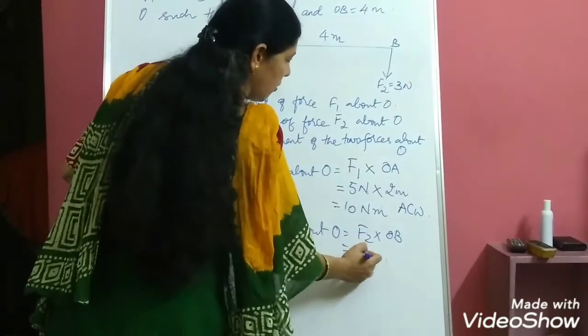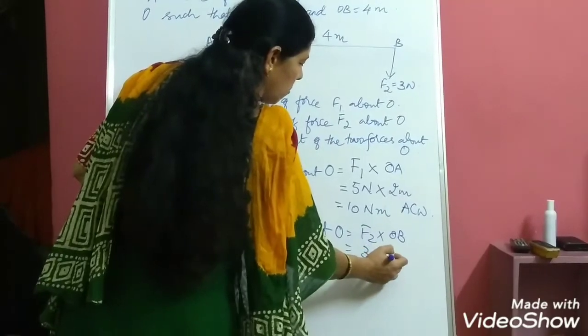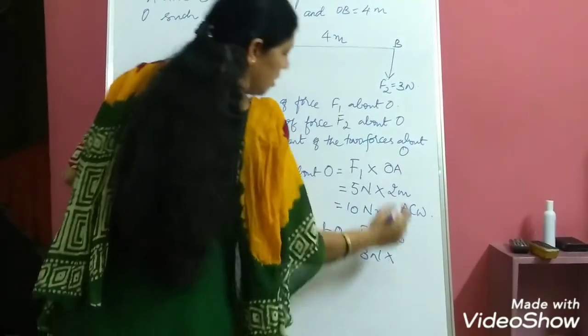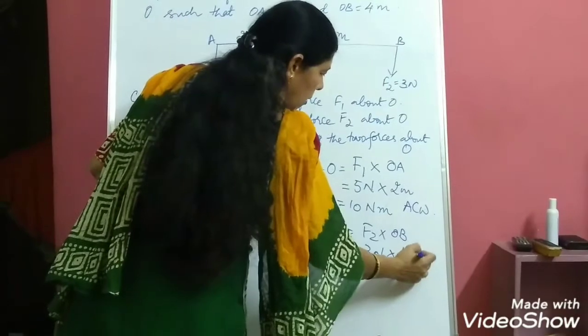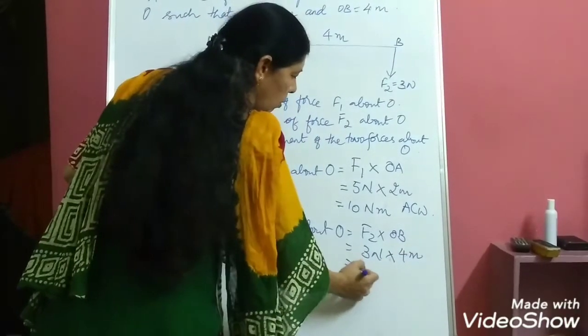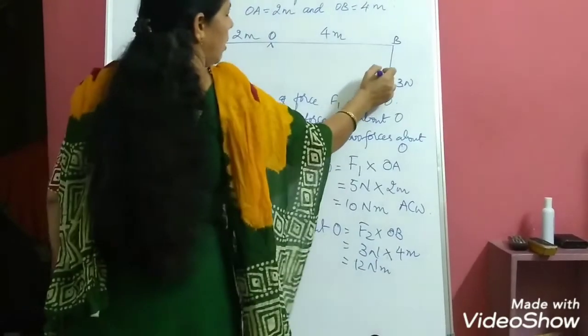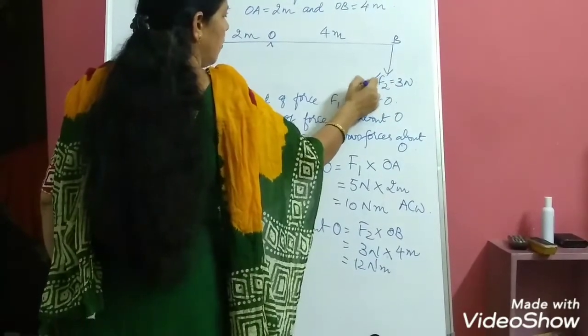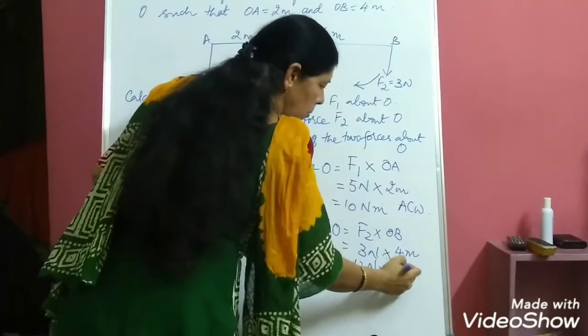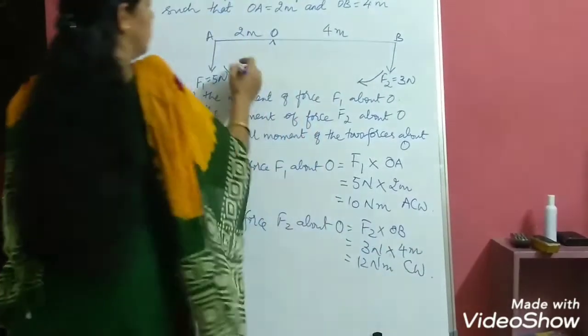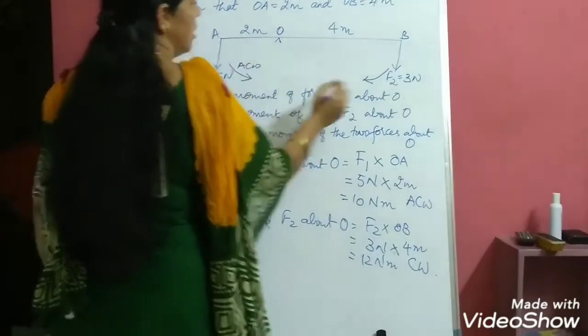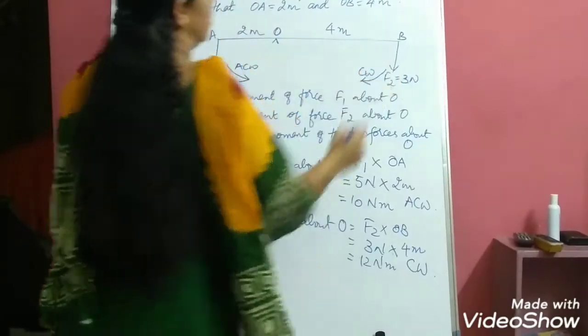F2 is 3 Newton multiplied by distance 4 meter. This will be equal to 12 Newton meter. Now due to F2 the body will have clockwise moment. So the moment of F1 is anti-clockwise and the moment of F2 is clockwise.